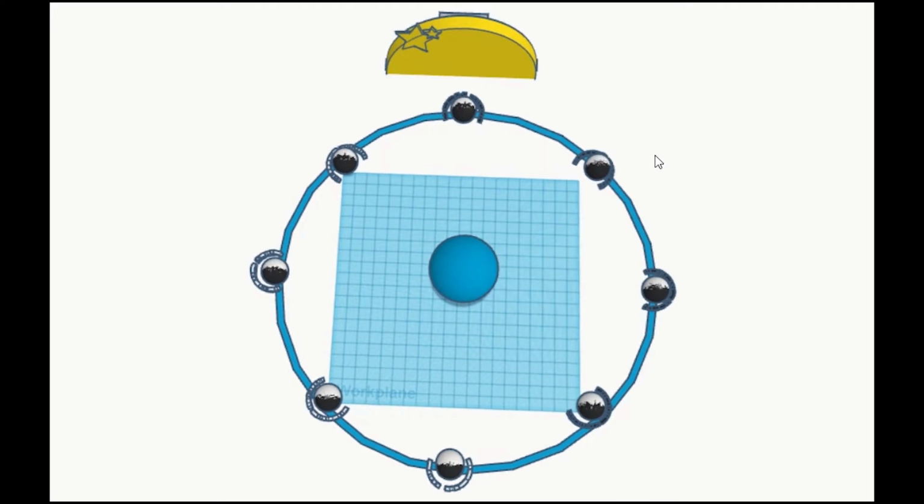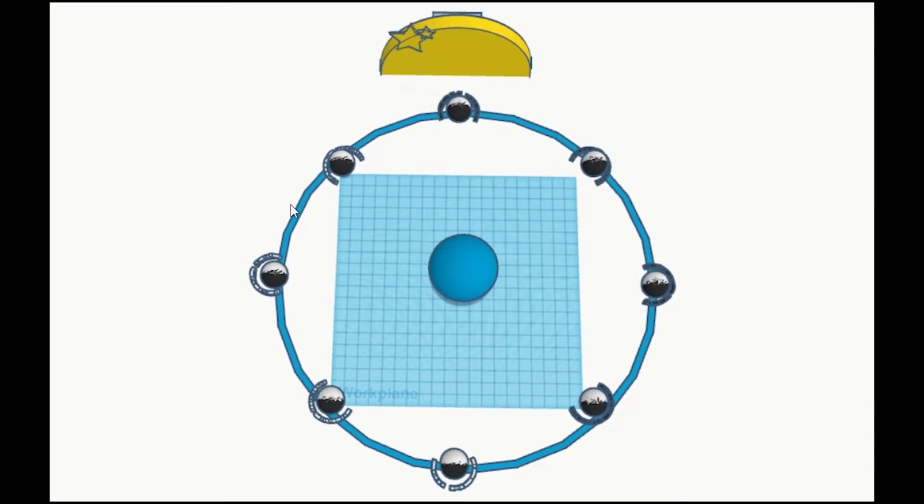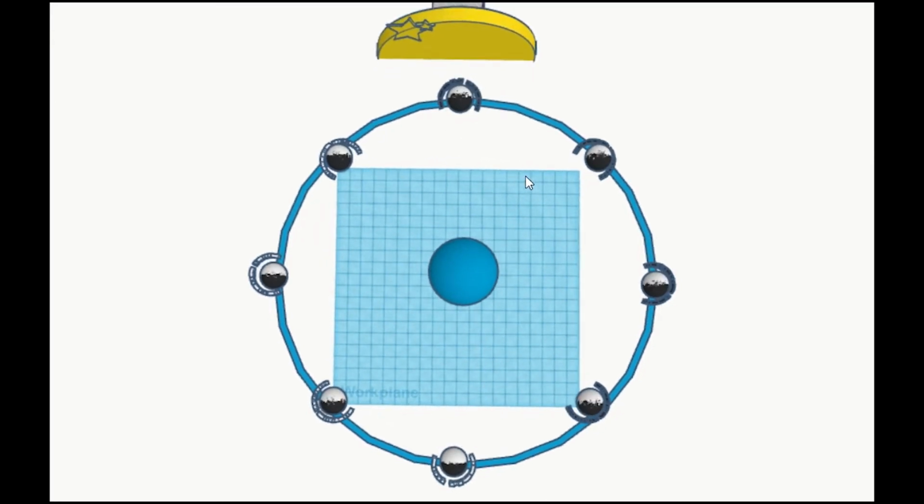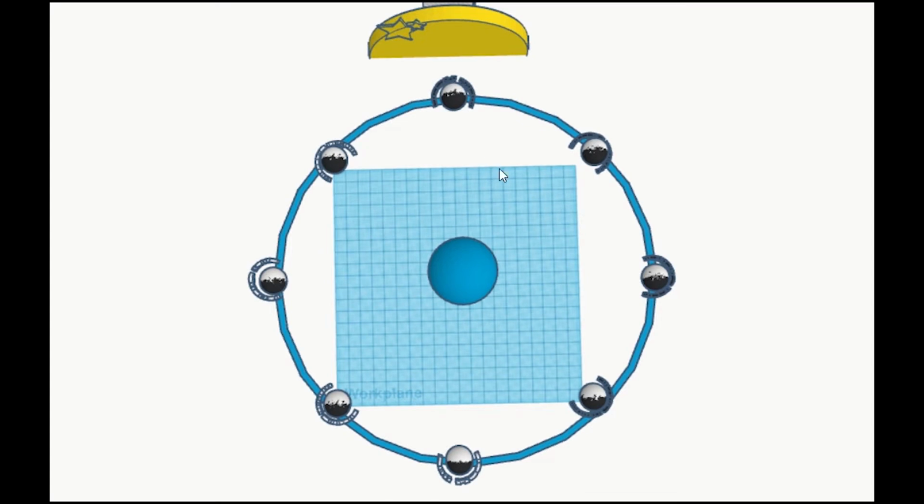So we're once again using Tinkercad to show our three-dimensional model of how the Earth and the Moon and the Sun interact with one another to show us the various phases of the Moon from our perspective here on Earth. So I'm starting out way out here in space.